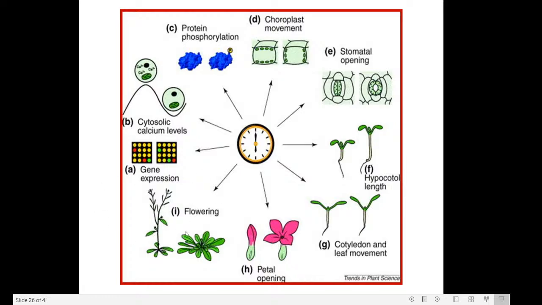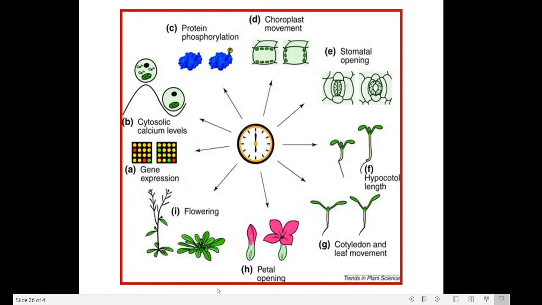Gene expression. This gene expression causes cytosolic calcium level changes. Photophosphorylation happens in the leaf cell, which causes chloroplast movement. This chloroplast movement causes stomatal opening. The stomatal opening helps the hypocotyl length, which is the length of the young plant, and then cotyledon and leaf movement.